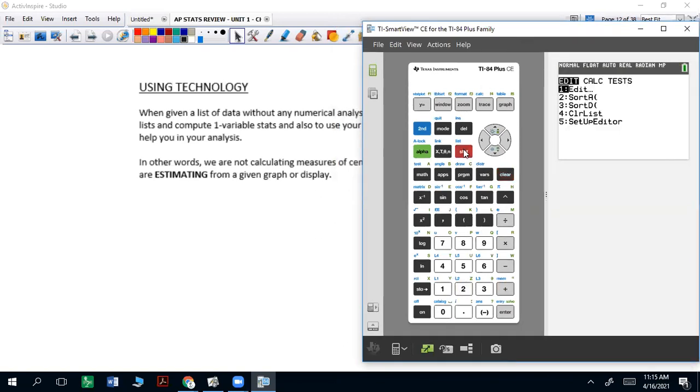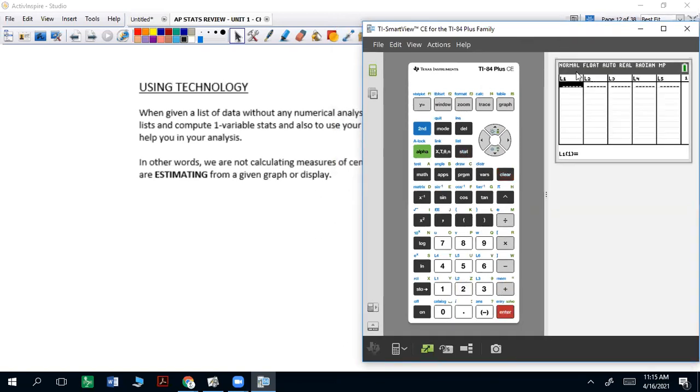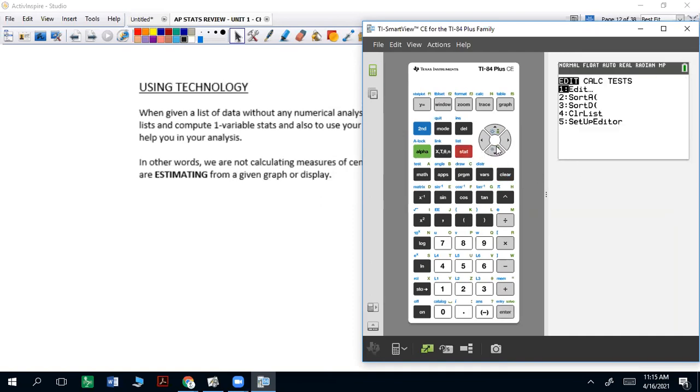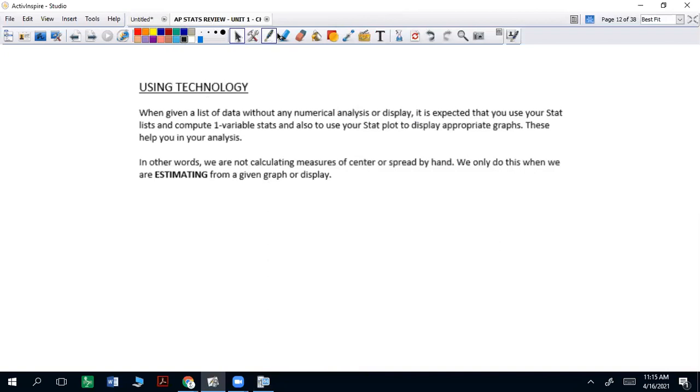So remember, when you're entering data in there, you can go to L1, you can enter your numbers in there. Then you can just click Stat Calc and go to one variable stats and make sure whatever list you put it in there, and you go down to calculate, and it'll give you all the stuff. It'll give you things like the mean and the standard deviation.